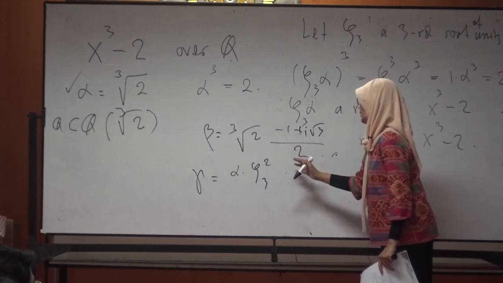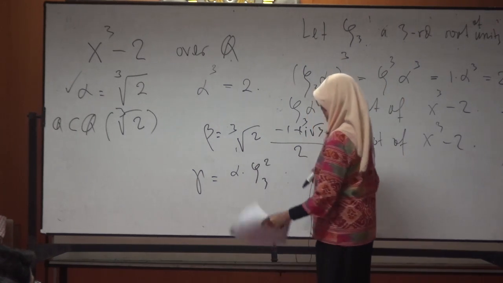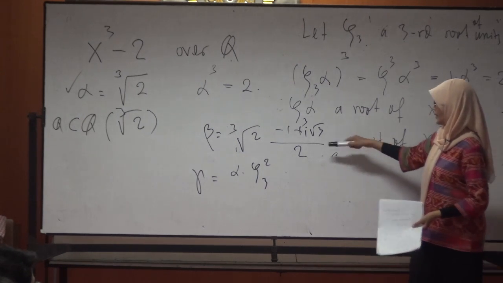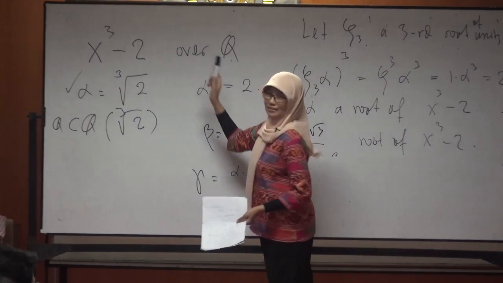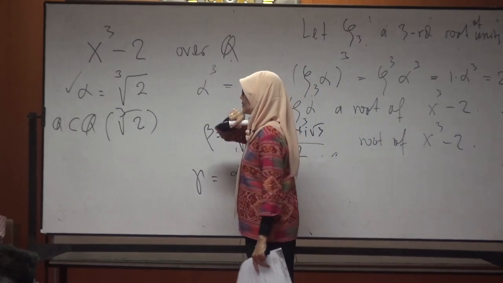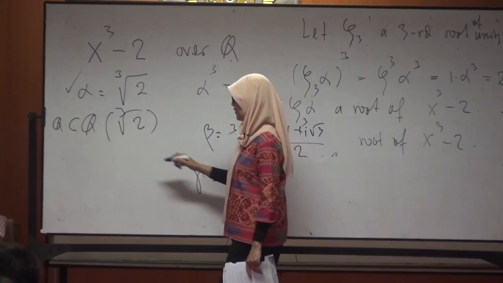You can multiply this one, so this alpha is 1, and you can multiply by this square. So we find the 3 roots of this polynomial. It means we have the other extension field of Q.